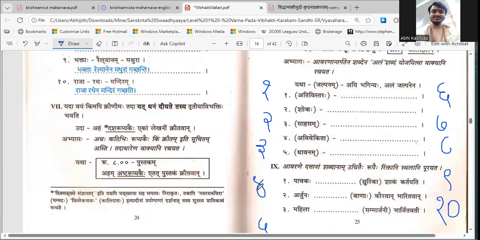So 20 is Vimshatihi. Then Eka Vimshatihi, 21. Then Dvavimshatihi. Then Trayovimshatihi, Chaturvimshatihi, Panchavimshatihi, षड्विंशतिः, सप्तविंशतिः, अष्टाविंशतिः, नवविंशतिः, then trimshat. Trimshat is 30.